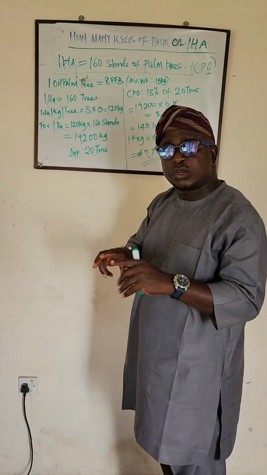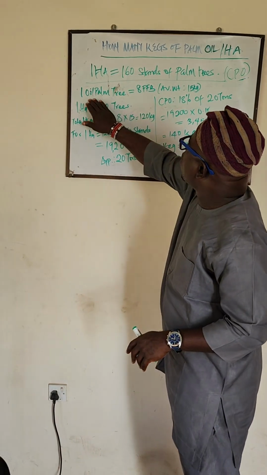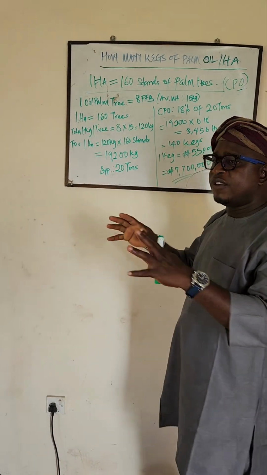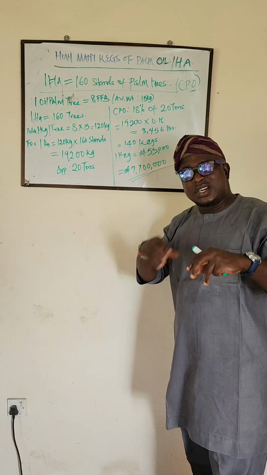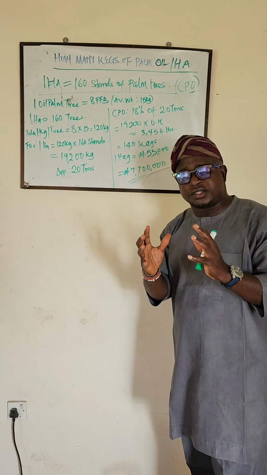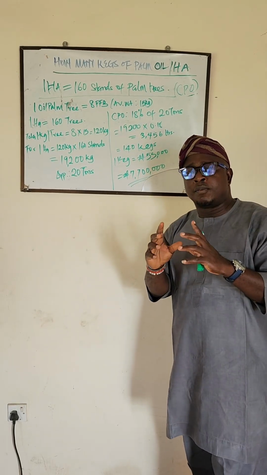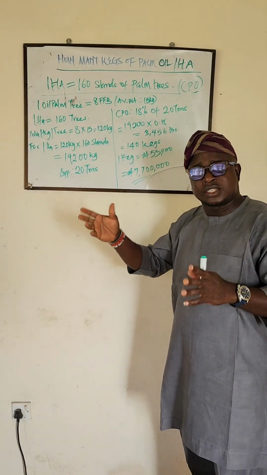But quickly, how do we arrive at that 20 tons? Let us look at one oil palm tree. When you nurture them for about 4, 5, 6 years, they start fruiting, and the fruit comes in bunches. One bunch weighs around 15, 18, 19, 20 kg.